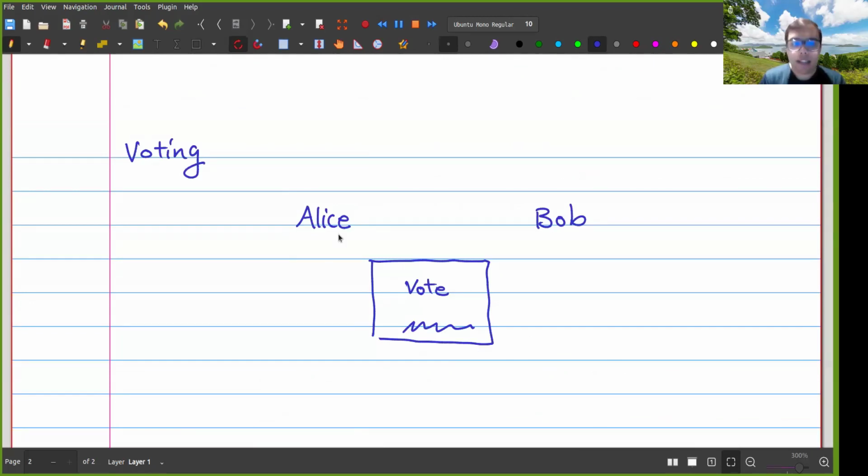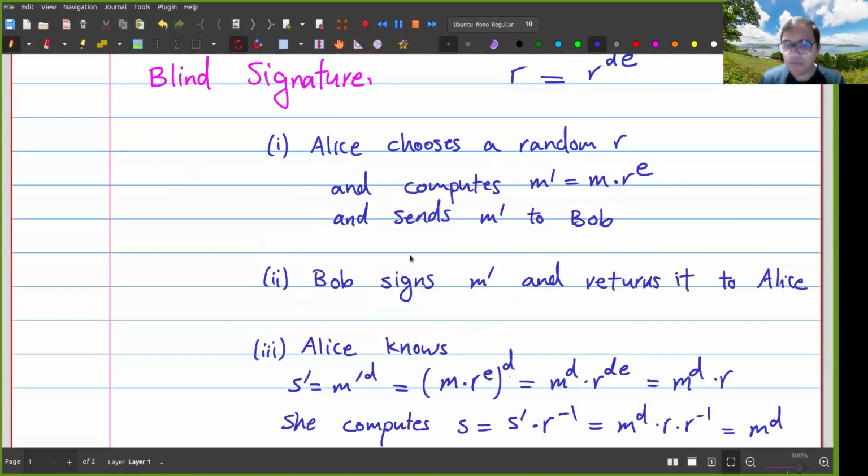So Bob tells Alice, I will sign for you exactly one message. I don't care how many different messages you have, and I don't care what I'm signing, but one vote, one signature. So you can just give me one message and I will sign whatever you give me, but only once.